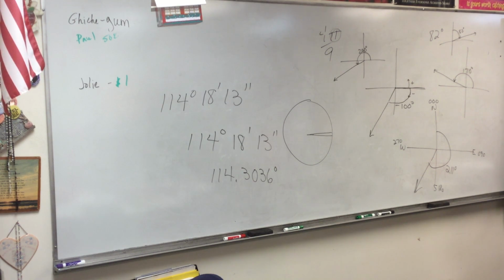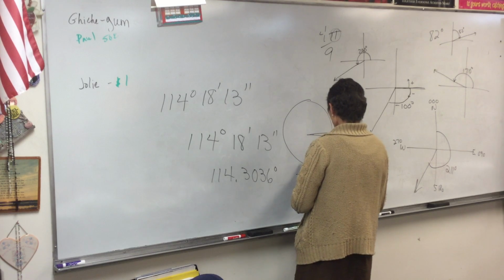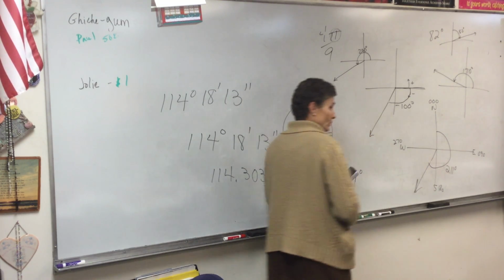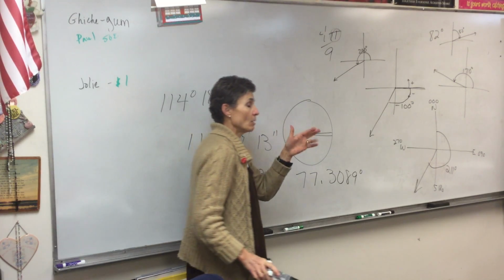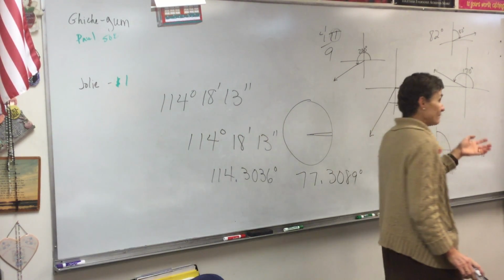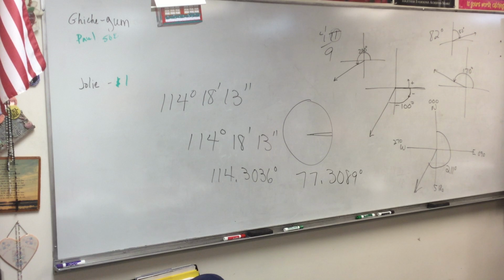So 32 seconds. Did you get 77.3089 if we rounded off to 4 decimal places? All right. So everybody knows how, if an angle is given to you in degrees, minutes, and seconds, you know how to input that into your calculator.